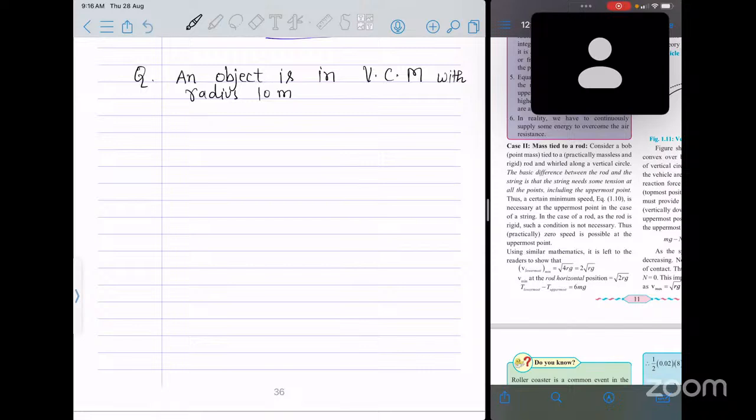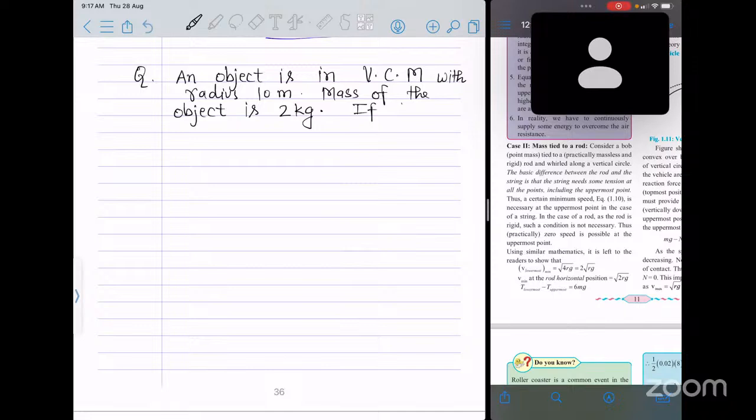An object is in vertical circular motion with radius 10 meter. Okay. Mass of the object is let's say 2 kg. Mass of the object is 2 kg.